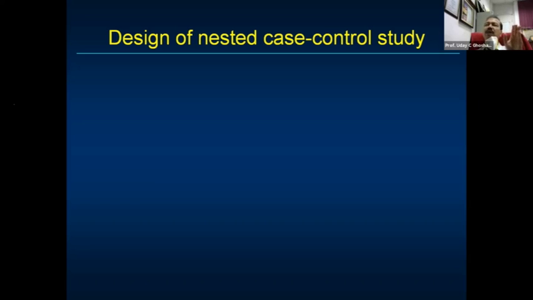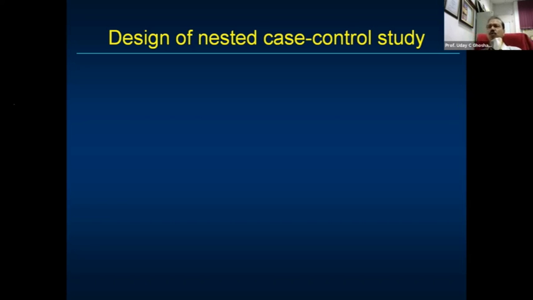Now, obviously, when a disease is rare, it is difficult to take a lot of sample or a lot of patients with that disease. But you know, getting control sample is very easy. Then you can do a design where you can take one patient for 2 control, or one patient for 3 control, or one patient for 4 control.